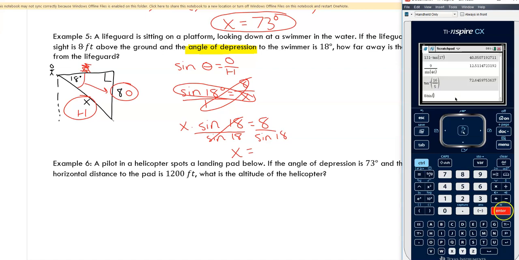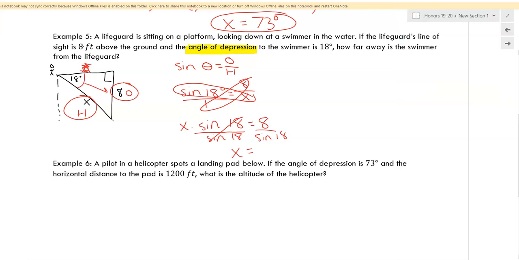Divided by the sine of 18. And we get, we'll round, X equals 26. Usually in a test or a quiz, I'll give you what to round to, so you want to decide. But X is about 26 feet.